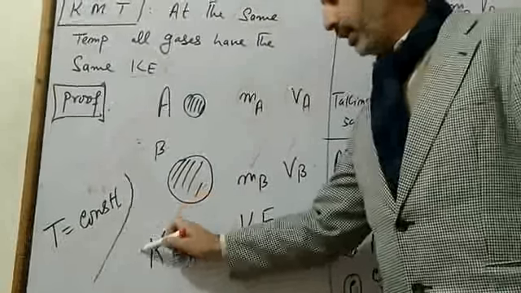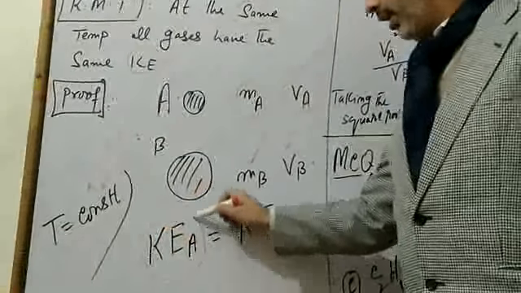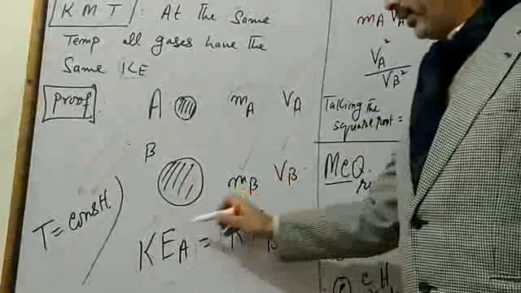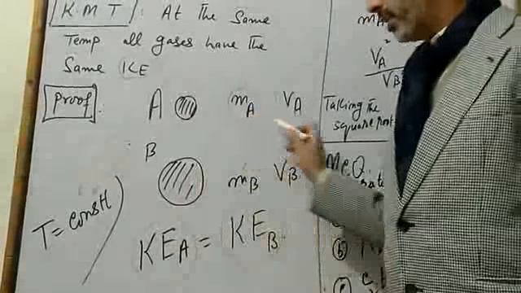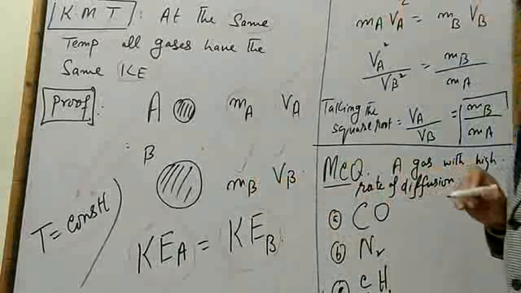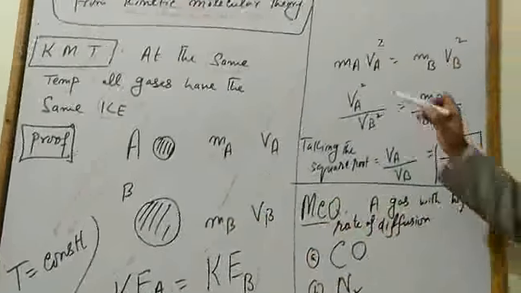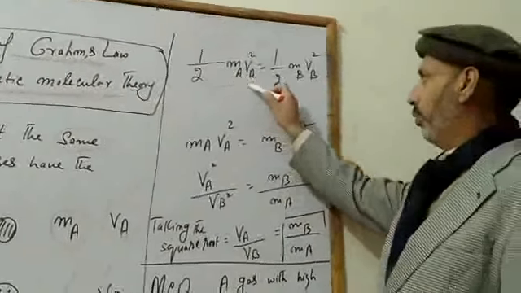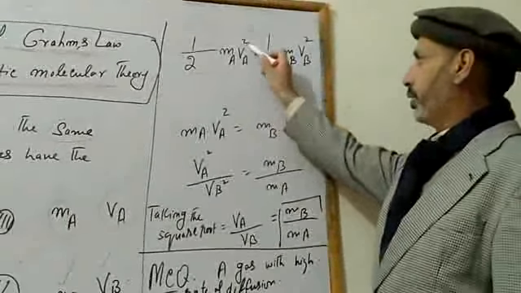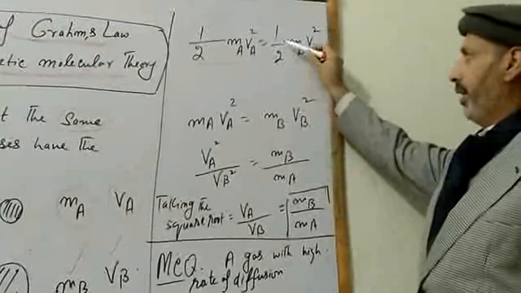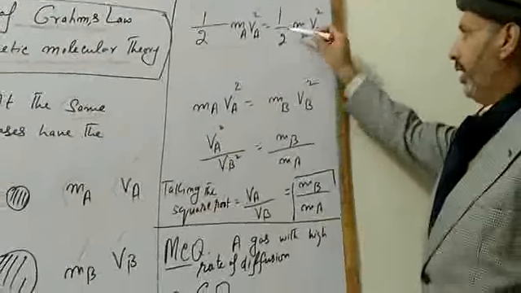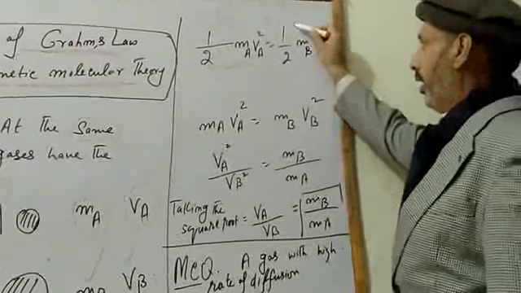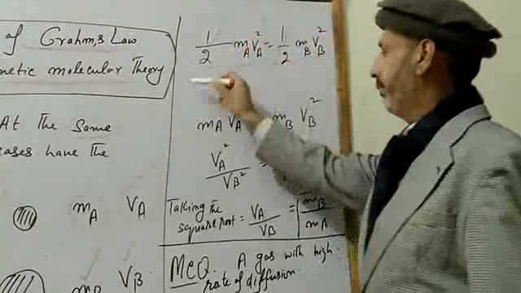So simply we can say that KEA must be equal to KEB. That is, kinetic energy of A must be equal to the kinetic energy of B. Now, KEA is equal to 1/2 ma va squared, and similarly KEB is equal to 1/2 mb vb squared. The half is cancelled with this one.